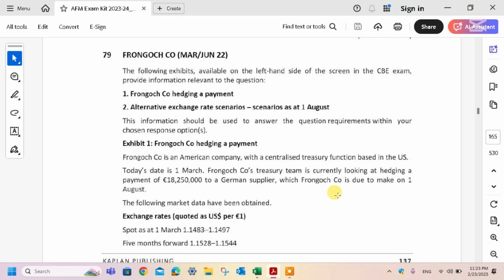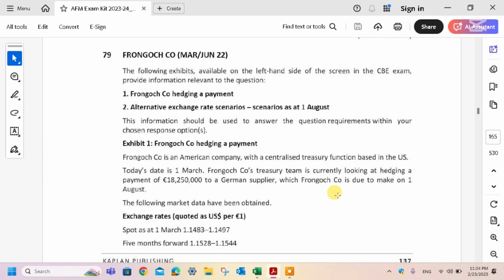The following exhibits available on the left hand side of the screen in the CBE exam provide information relevant to the question. This information should be used to answer the question requirements within your chosen response options.